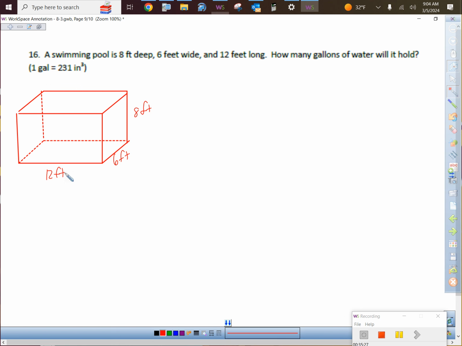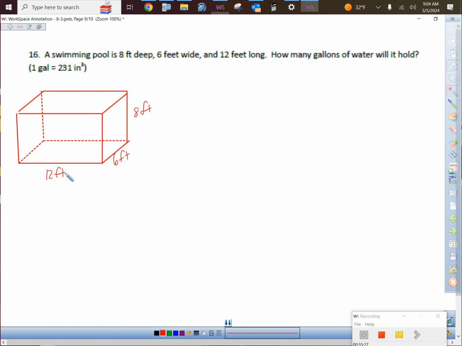Convert cubic feet to cubic inches. Are you comfortable with that? Or would you rather just change feet into inches? Which one could you handle with no issues? Why don't we just change feet into inches? How about we change all 3 of these dimensions into inches before we get started?